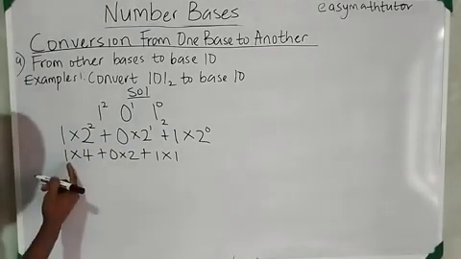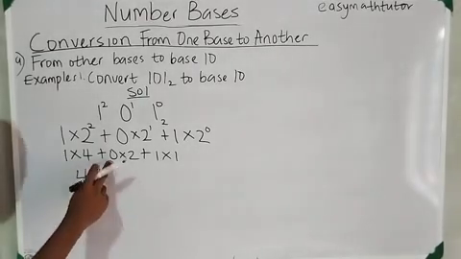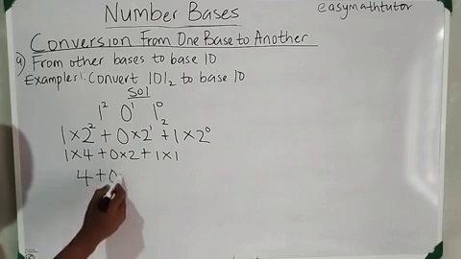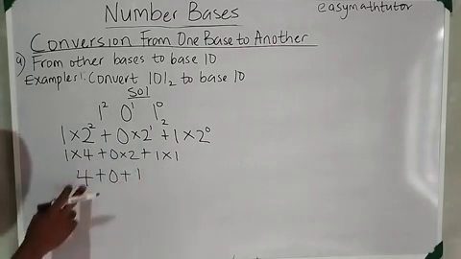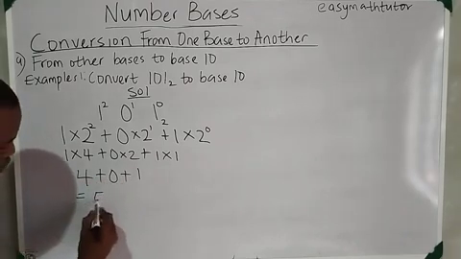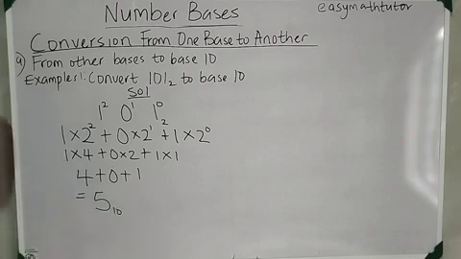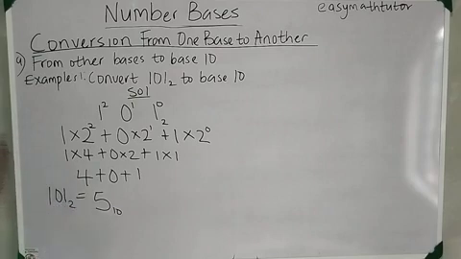At the end of the day, we have 1 times 4, which is 4, plus 0 times 2, which is 0, plus 1 times 1, which is 1. So 4 plus 0 plus 1 is equal to 5 in base 10. So it therefore means that the number 101 in base 2 is equal to 5 in base 10. And that is how to convert from any base to base 10.